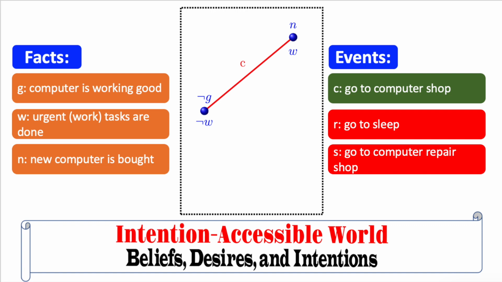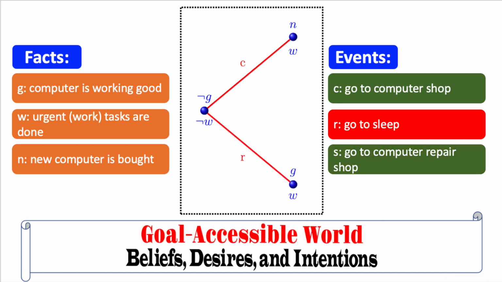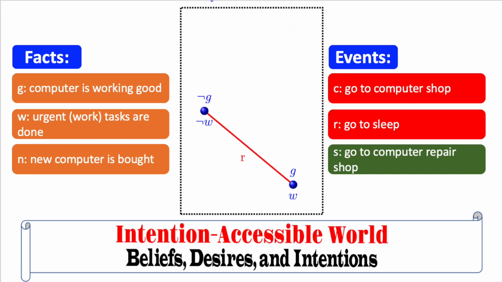But if our resources like money is very limited such that it is not enough to buy a new computer, then we commit this limited amount of money to pay for the repair of the computer. So, our intention-accessible world will look like the one shown on the screen. We can still finish the urgent task because our computer is now working. Agent's intentions are the chosen desires to which the agent has some commitment.